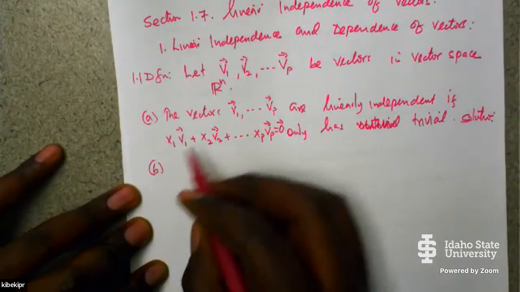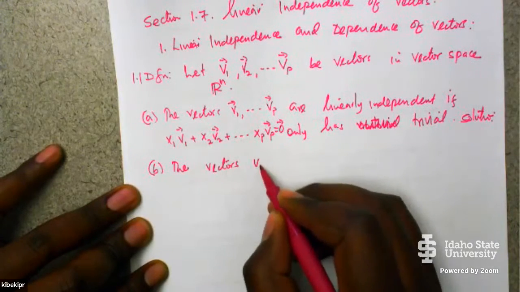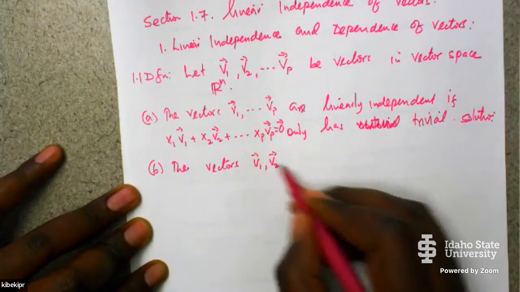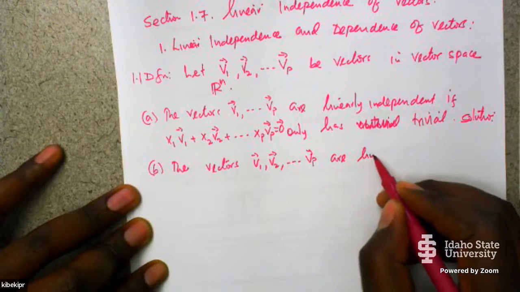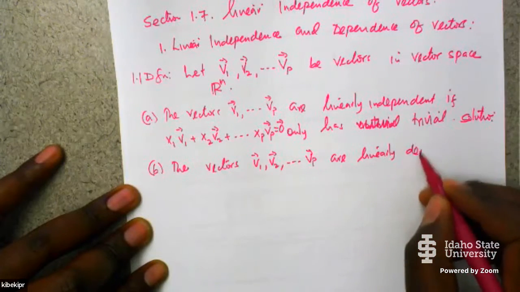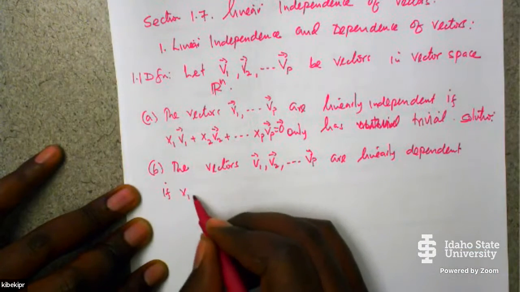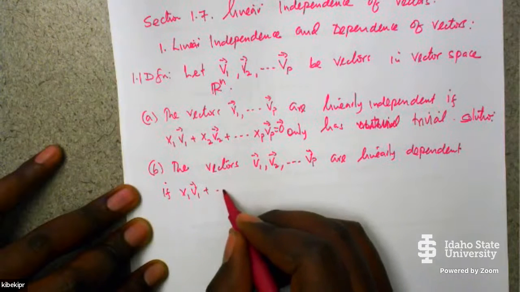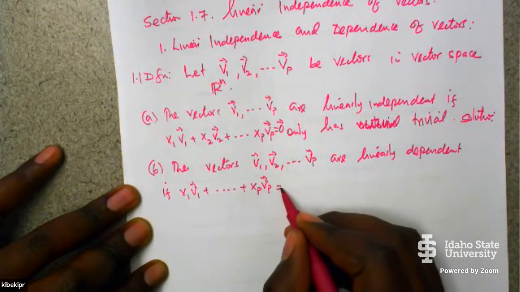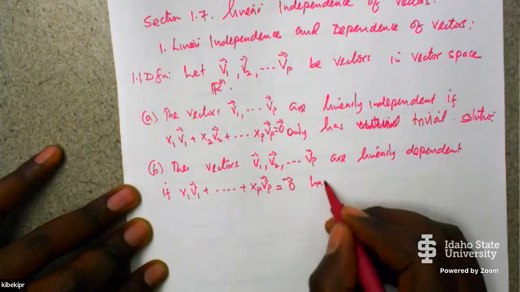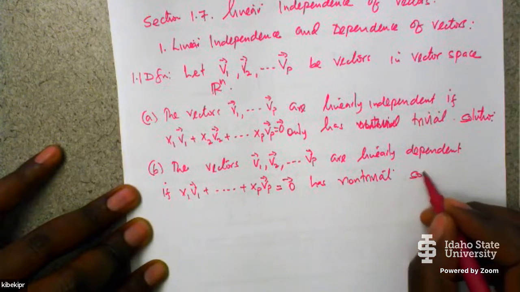Number B, the vectors V1, V2, all the way to Vp are linearly dependent if x1 v1 plus xp vp equals 0 has non-trivial solutions.